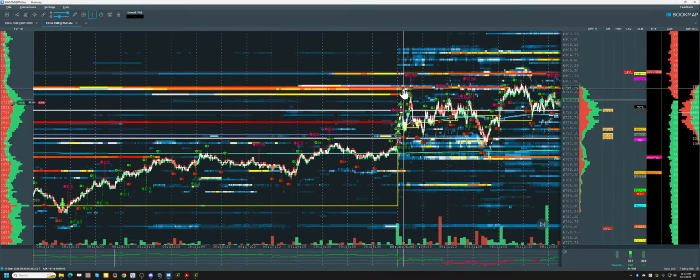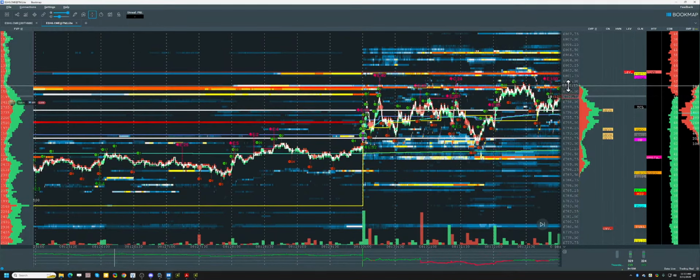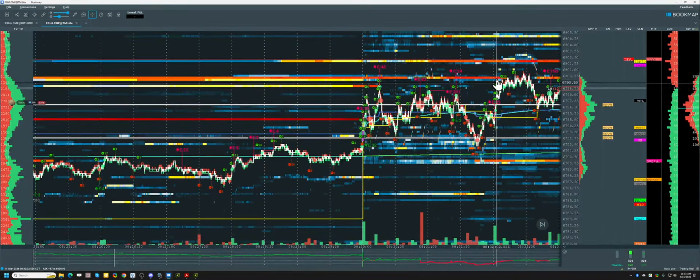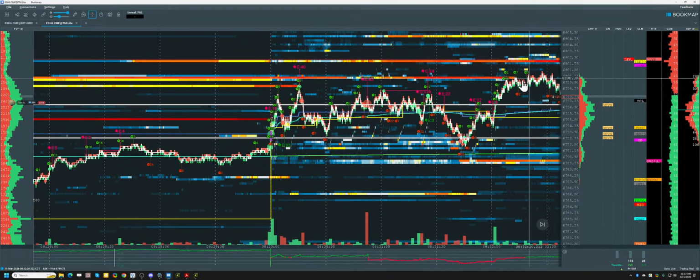And here's the key point. If I know there were sellers here and I know there's buy stops, what are buy stops? There they are. They're coming out right here. Now this is another little thing I don't talk about much, but this is the stop and iceberg detector. And I always get questions: do I need the stop and iceberg detector? This is an answer that you have to determine.